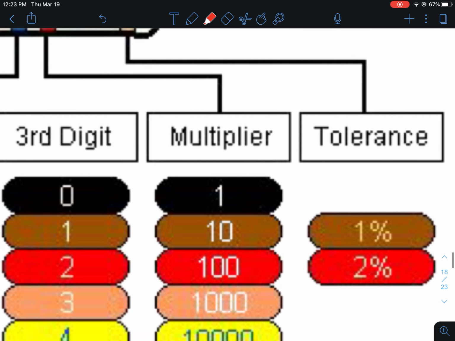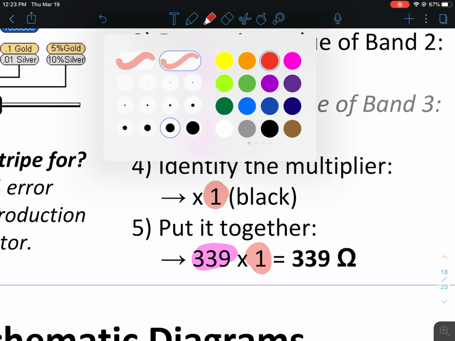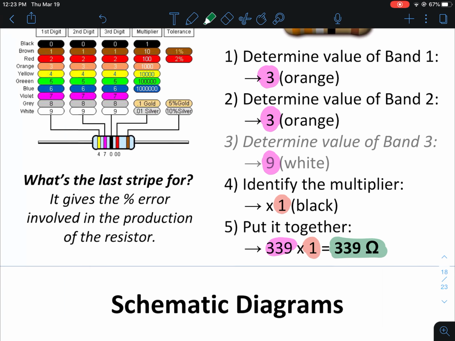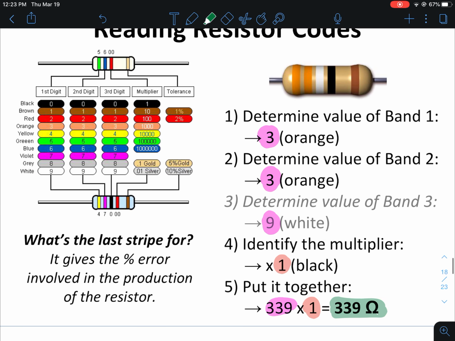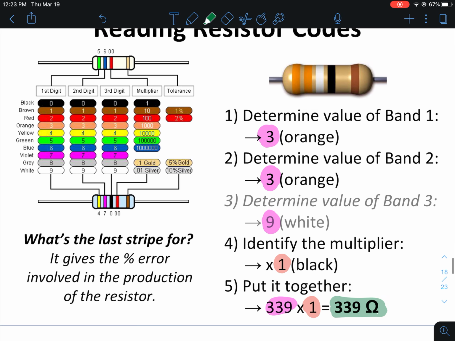It just means you multiply it by 1, and I end up with a total resistance of just 339. So in class, you would be given a cup that has these different resistors in it, and you'd be expected to lay them out and determine what the resistances are.